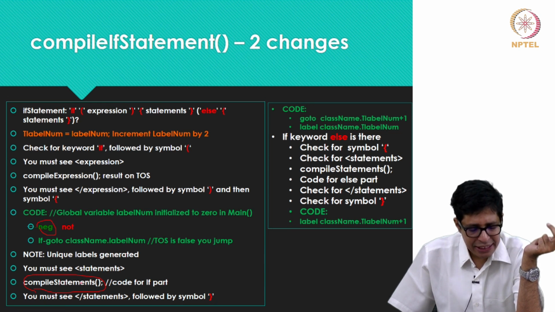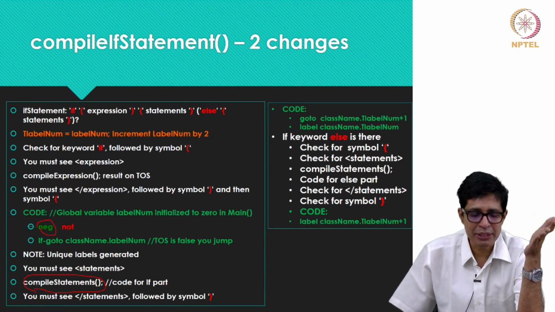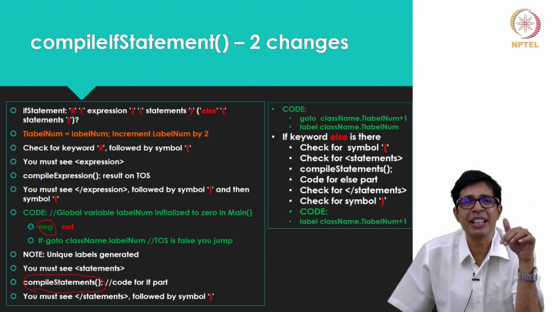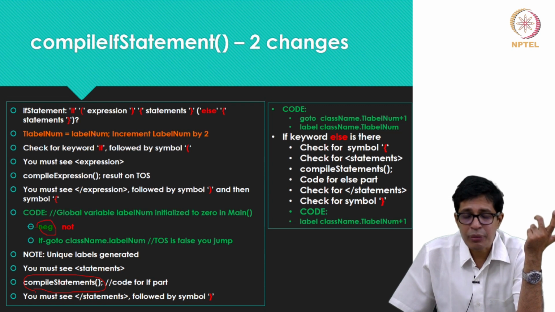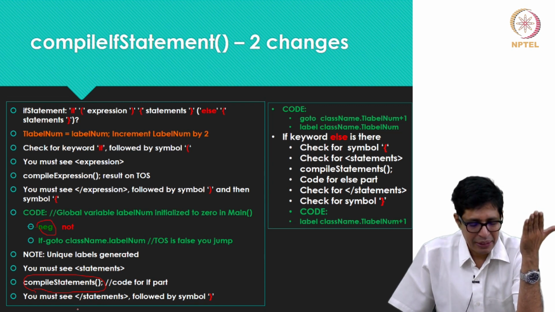This compile statement can change the label num, because this compile statement can again call if statement and it can change the label num. So, the label num that you will be getting here will be different from the label num that we had taken here. We have not assumed that that change will happen, right.